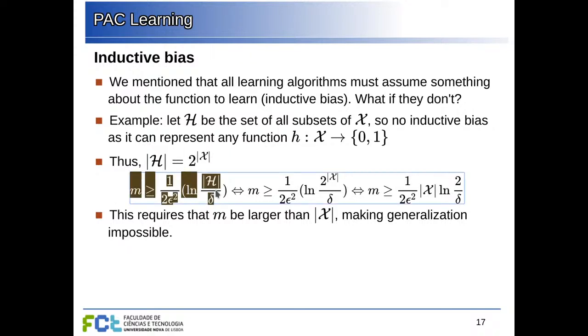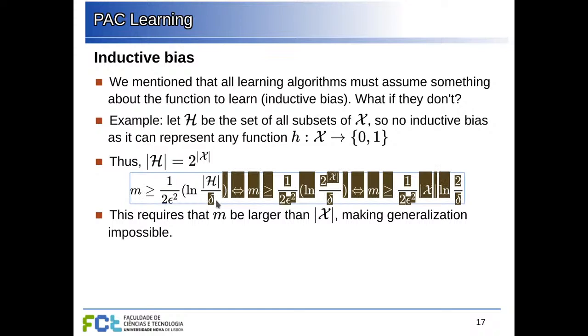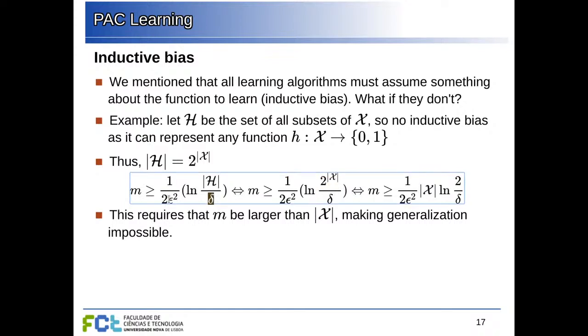If we look at the requirements for having a probability of at least 1 minus delta that our true error does not go above epsilon, then we need to have this many points in our training set.